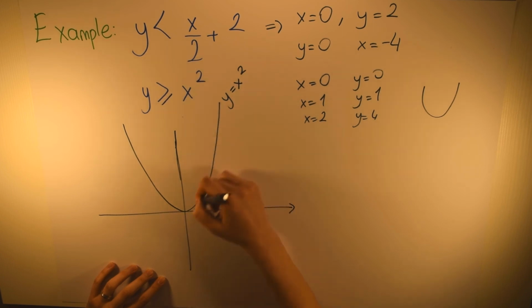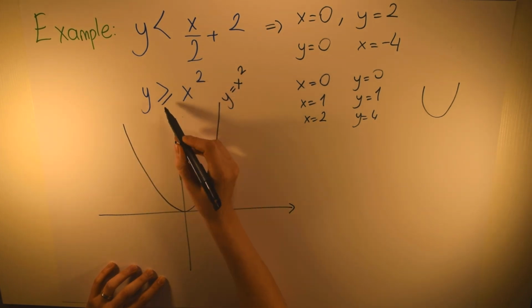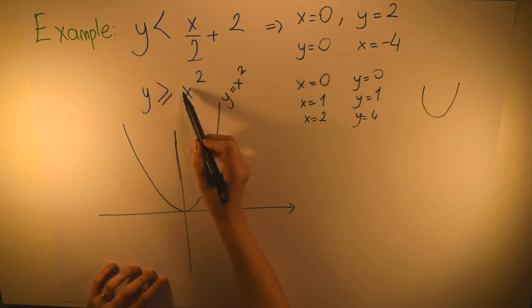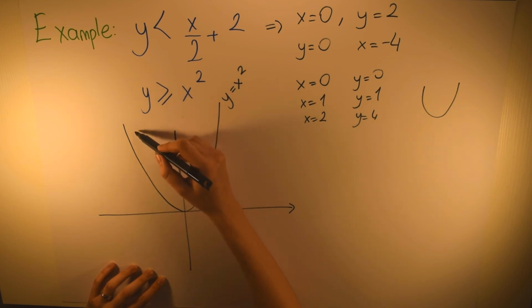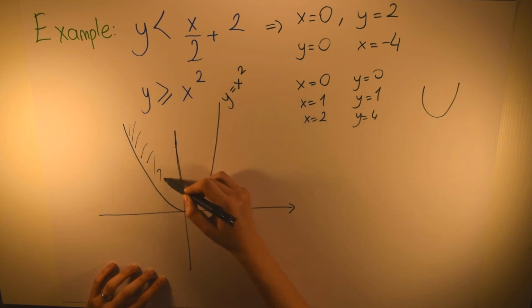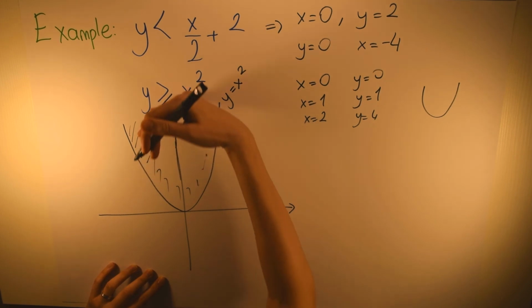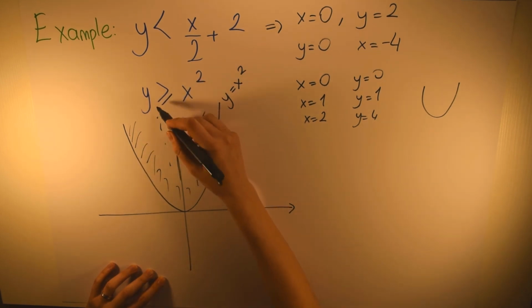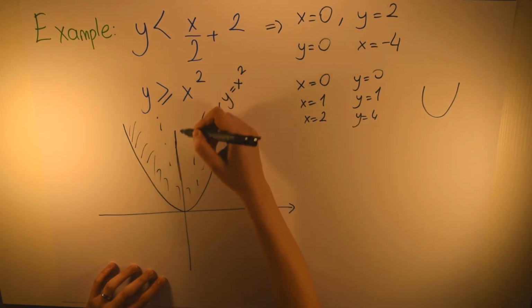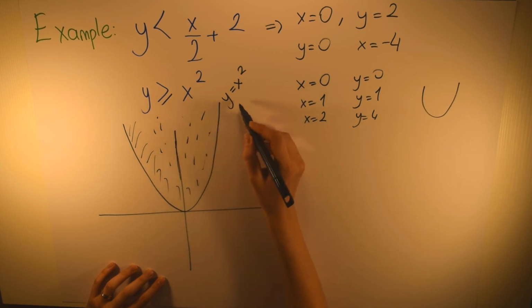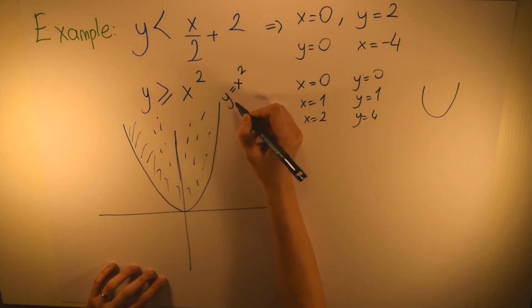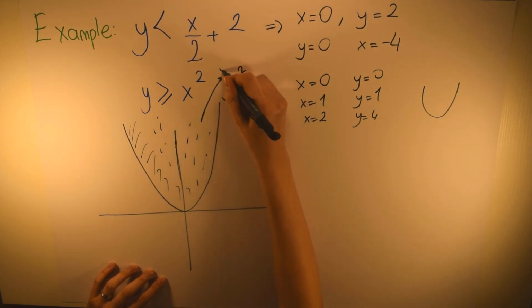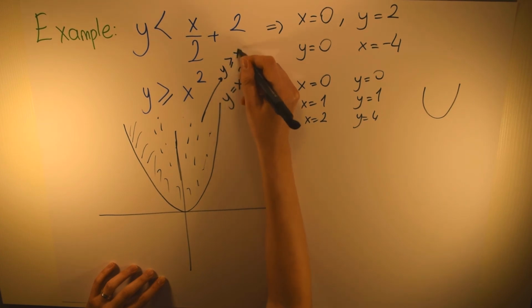This is the x squared line. But this is when y is greater than or equal to x squared. It is something like this. Okay, the upper part of this, because it says y is greater than or equal to. So here is y is greater than or equal to x squared.